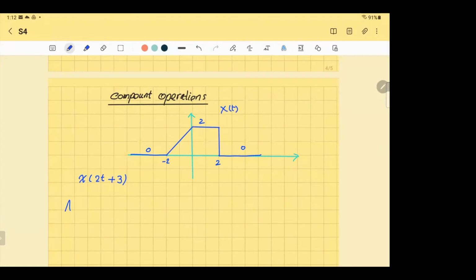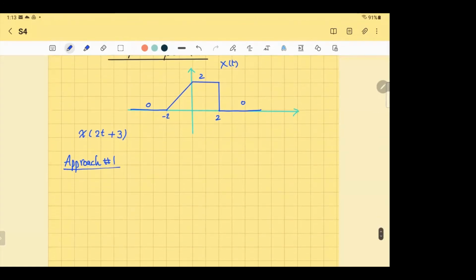Approach 1. You will get x of t, make the shift first, and then time scale. So in the shift, t plus 3 means you're going to shift everything to the left by 3 units, right?